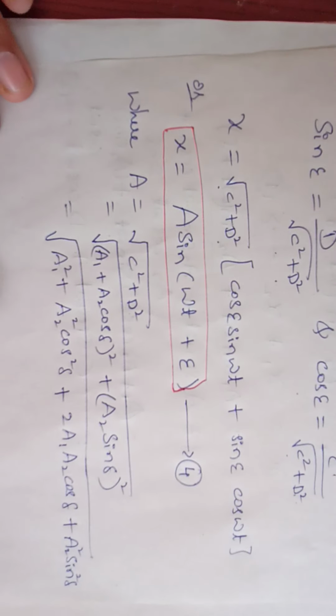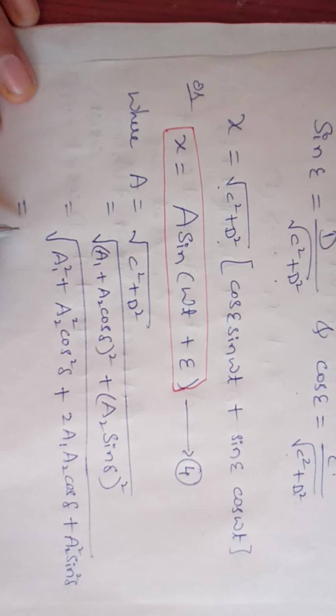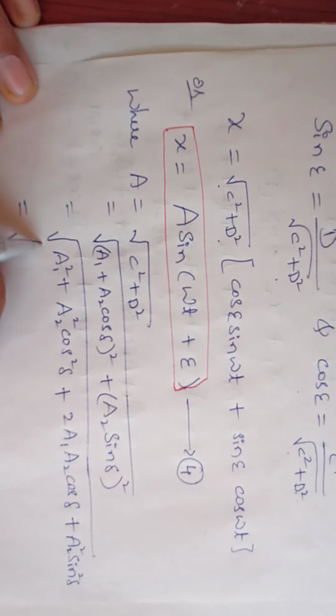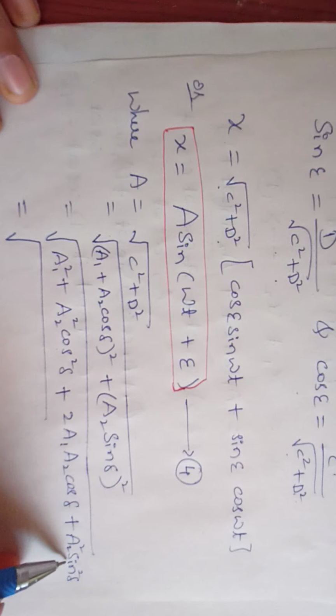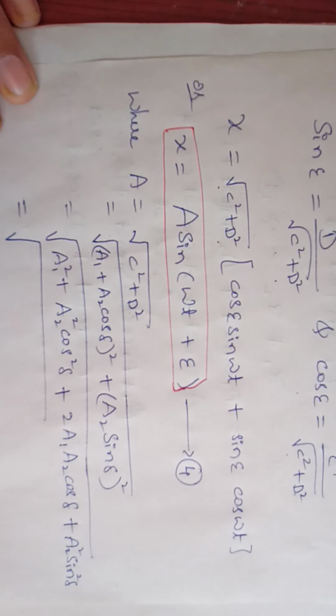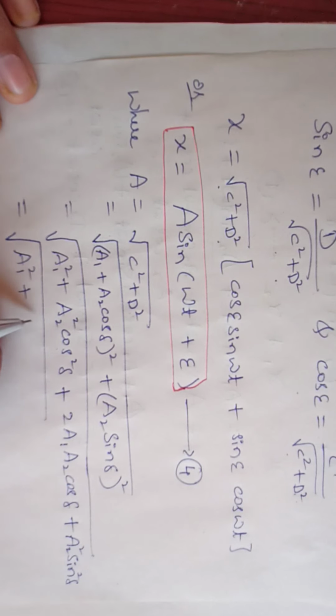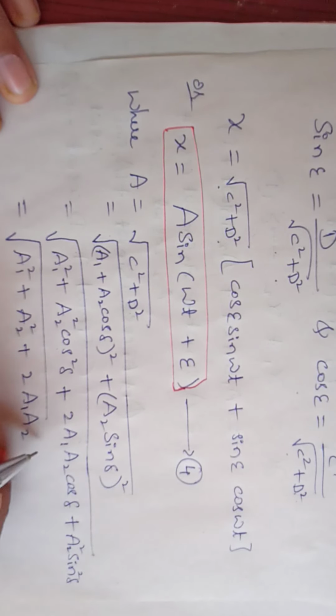So this becomes under root of this. a2 square is common, so cos square delta plus sin square delta is 1, so we can write it as A equals under root a1 square plus a2 square plus 2 a1 a2 cos delta.